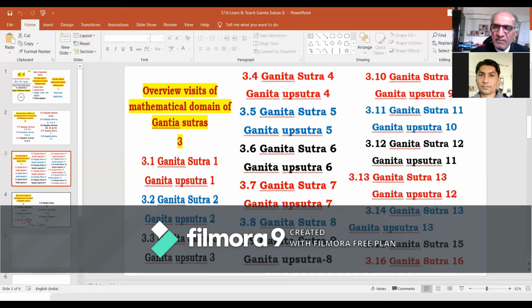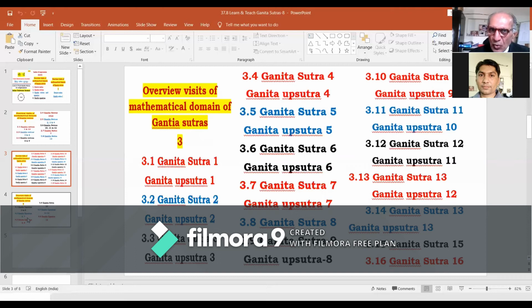By integrated mathematical domain it means that the 13 Ganita Upsutras provide bridging between the subsequent pairs of Ganita Sutras. The mathematical domain of Ganita Sutra 1 and Ganita Sutra 2 as such is having a gap, a transition. This gap deserves to be bridged, and smooth transition is required.